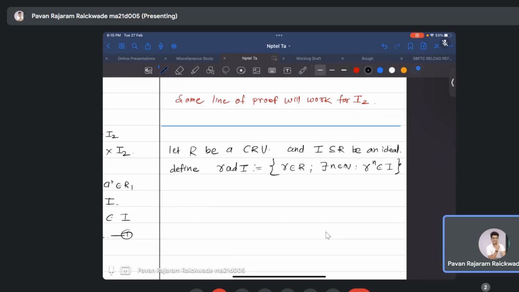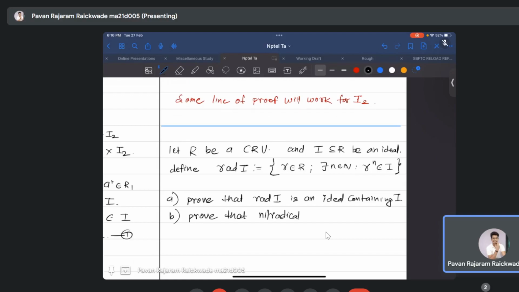So prove that, and second, if you want to find the nil radical, what is a nil radical?